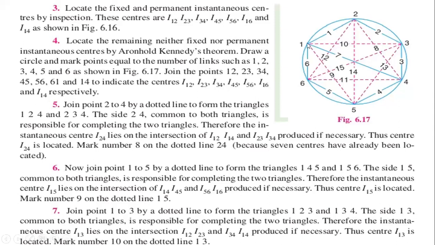Thus the I15 center is located. Then mark number 9 on the dotted line, that is 1 5.